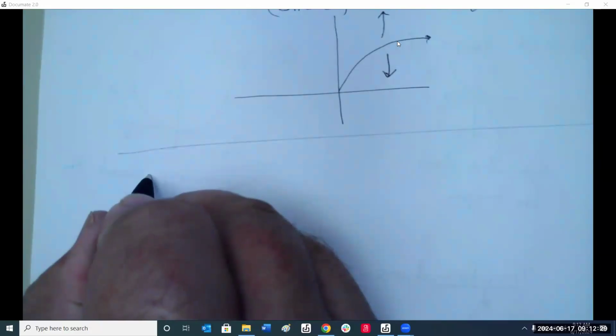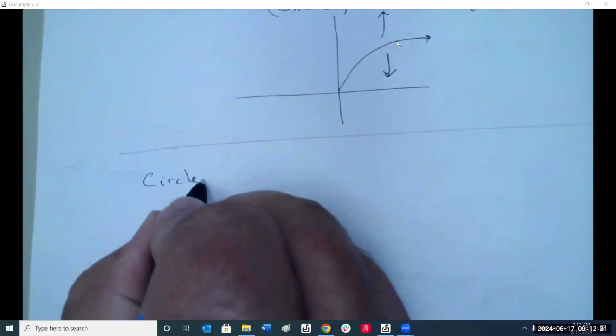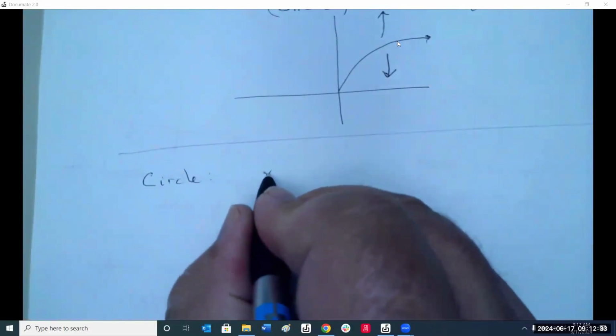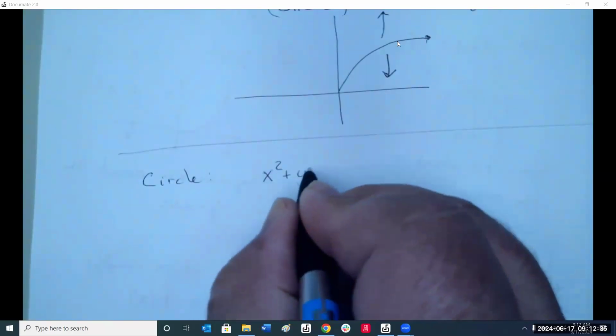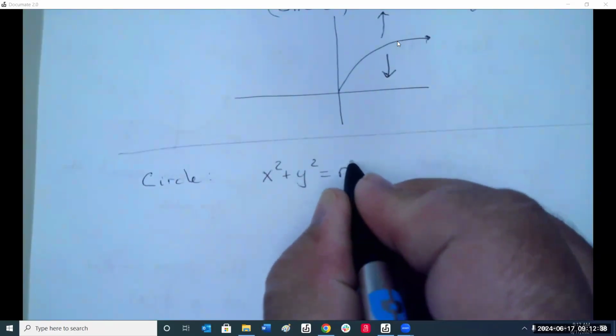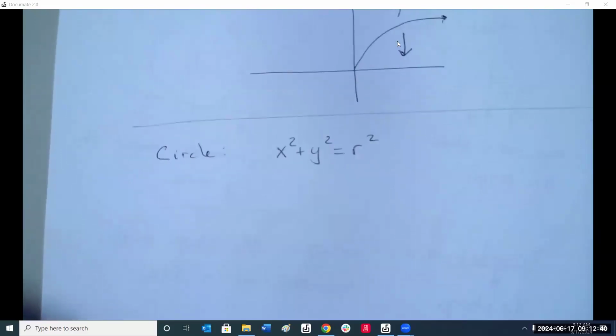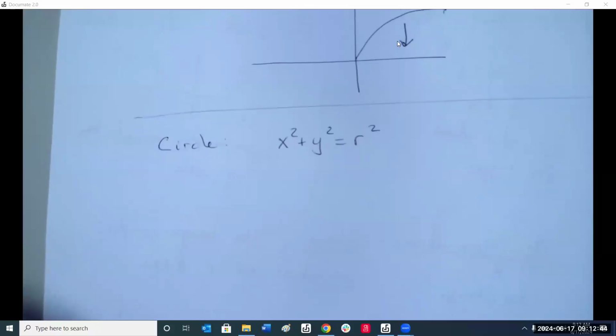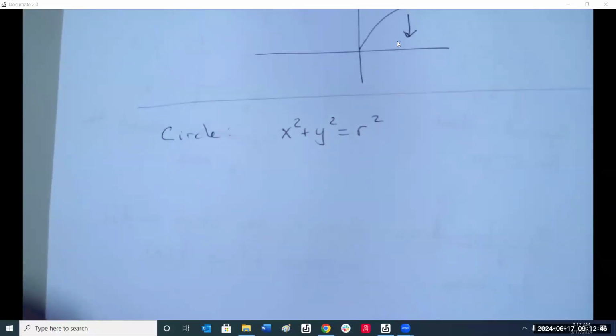For example, when we talked about a circle, how would you draw that graph?